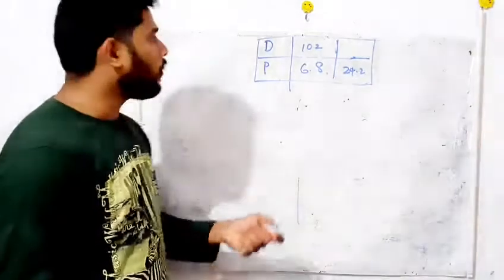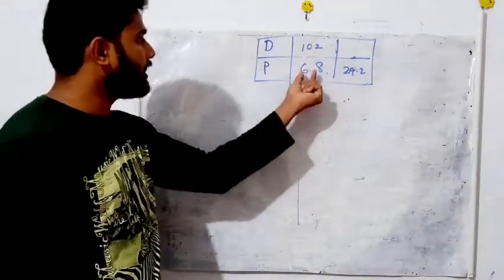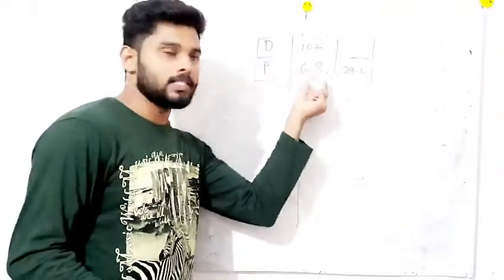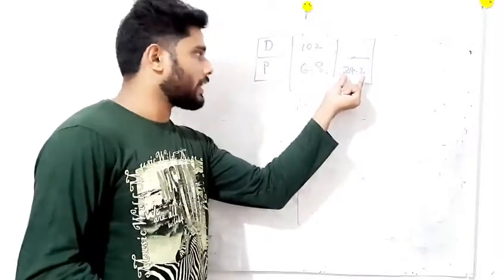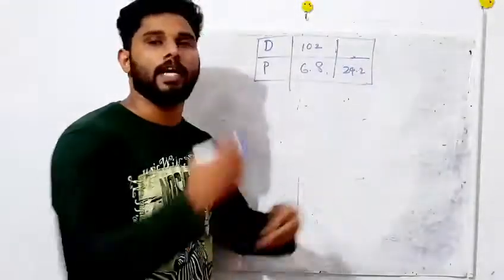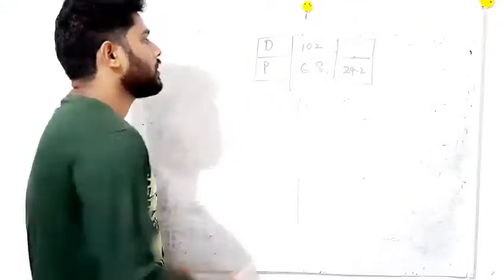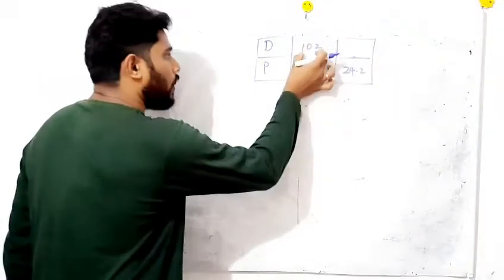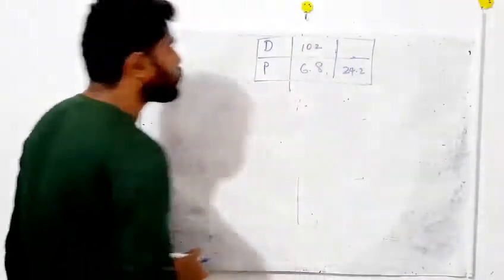Okay. From this question we can understand it's a direct proportion. How? When the liters of petrol increase, automatically we can understand we can cover more kilometers. So 6.8 liters we can cover 102 kilometers.